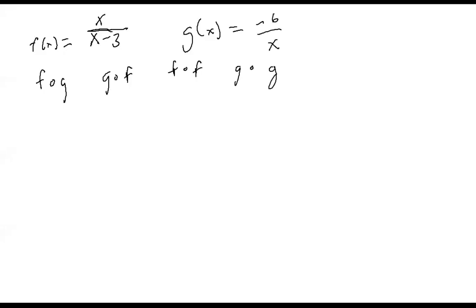Okay, I want to talk a little bit about compositions and domain. This is going to be a kind of complicated topic, and with these rational functions, you get a lot of things to think about. First off, remember that if I have a fraction times another fraction, I can just multiply straight across. That's 3/8.